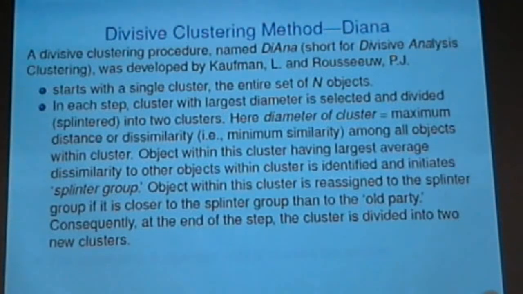But here we talk about the so-called splinter object. I think there's a particular name for this object. I don't know if they call it that or not, but anyway, it's the object within this cluster having the largest average dissimilarity.